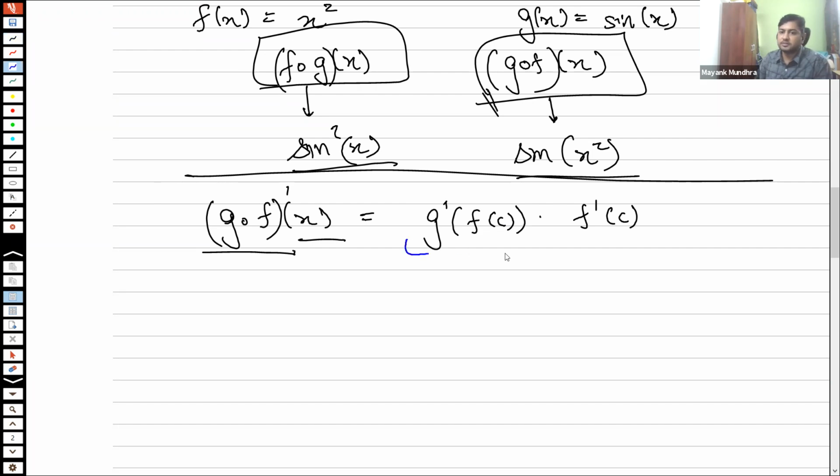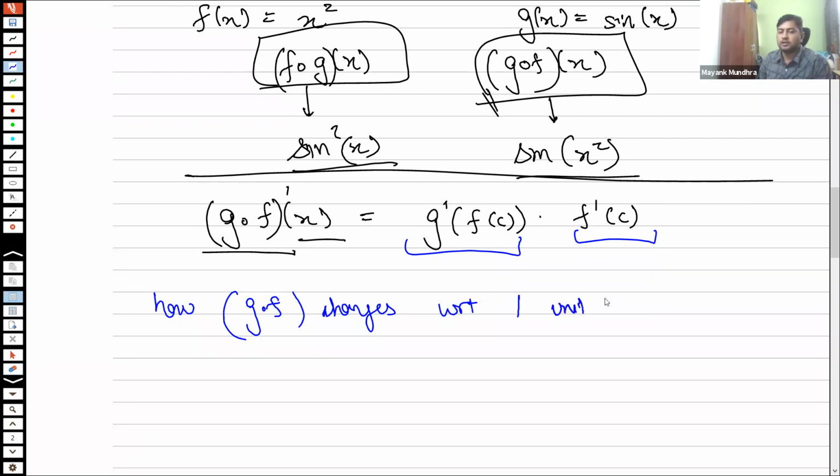So let us break this down and see what's happening. I want to see how g of f changes with respect to x. So what is the magnitude of change in g of f with respect to, let's say, 1 unit change in x?